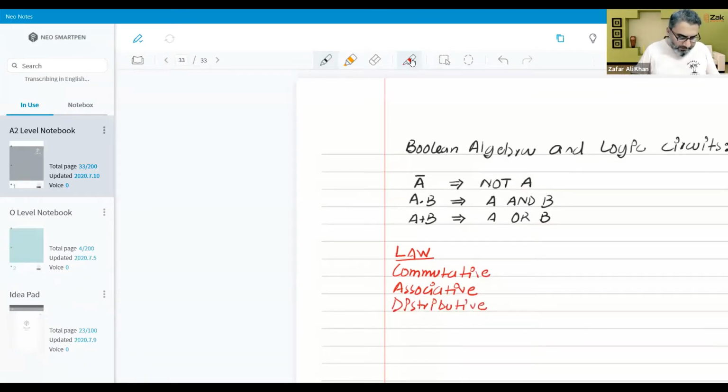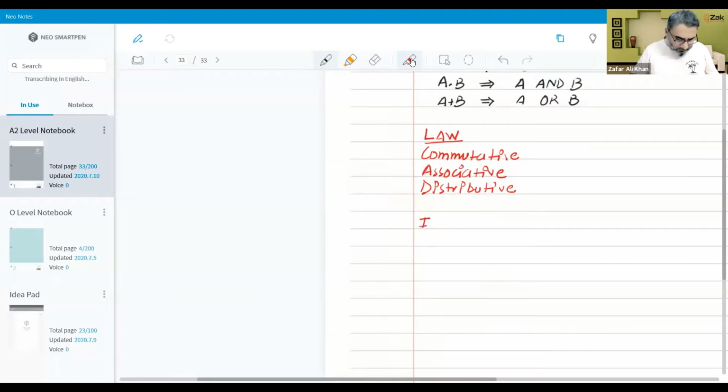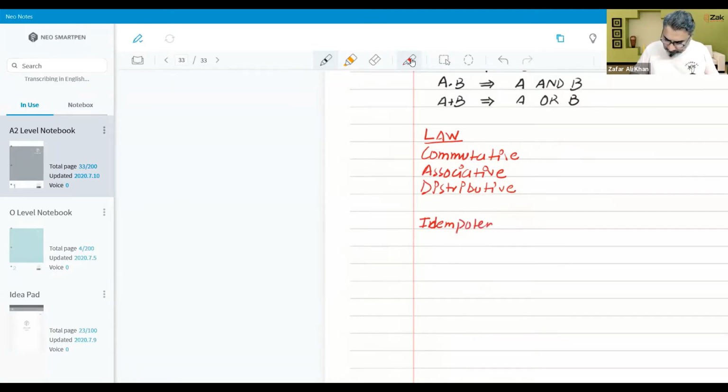Fourth one is idempotent law. Then identity law.